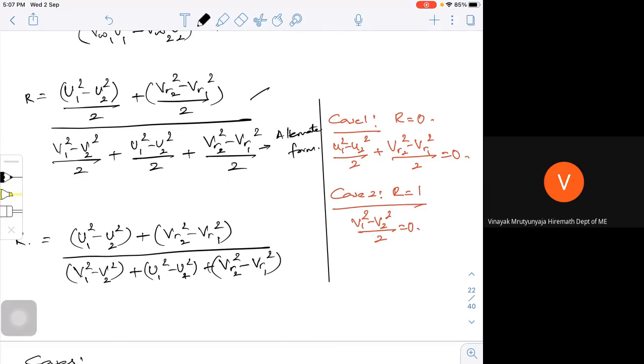And if I take an axial flow, R is equal to 1, degree of reaction is equal to 1. If I put it, then both the things will simply cancel out. I am left with only this component, V1 square minus V2 square by 2, which is equal to 0. These are some notable cases which you can verify by doing some cross multiplication.